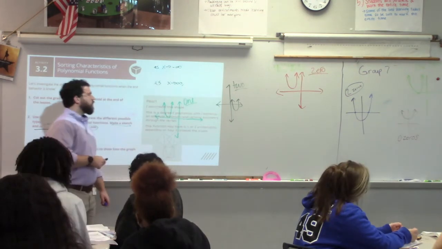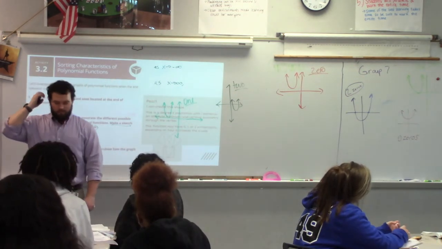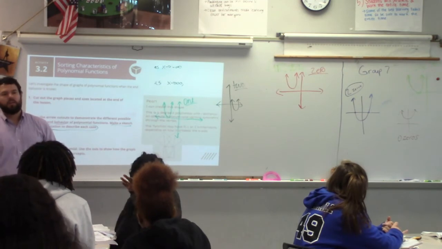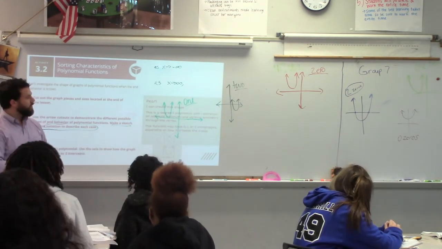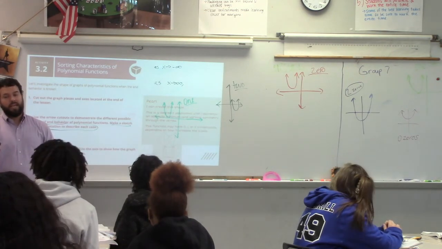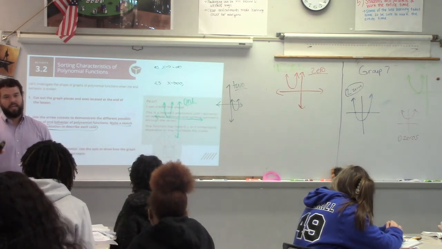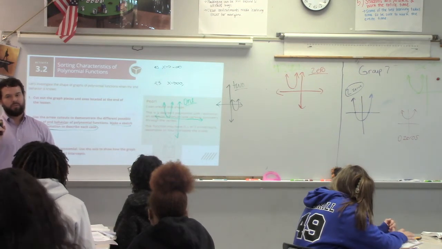Hey guys, what degree is this polynomial? Second degree. How many zeros does it have to have? At least two. So is this true? Do be careful. If it's second degree, it has to have 2.